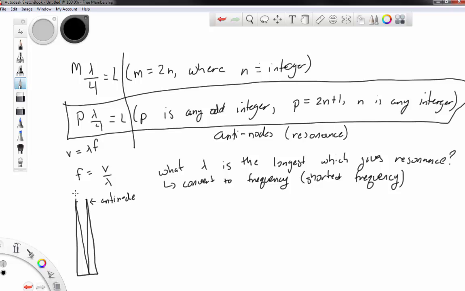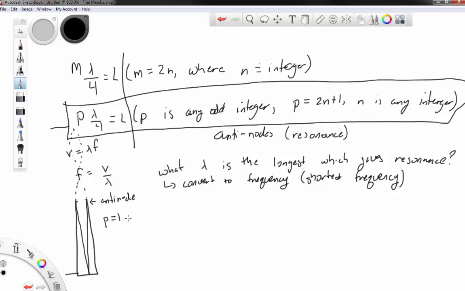And recall that this antinode first occurs, so this wavelength will come up here and make another antinode and another node. The whole wavelength is going to be like this. This right here is actually a quarter of this wavelength. Obviously, it's not drawn to scale.